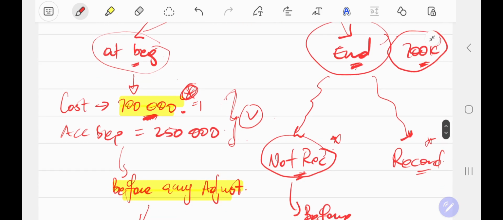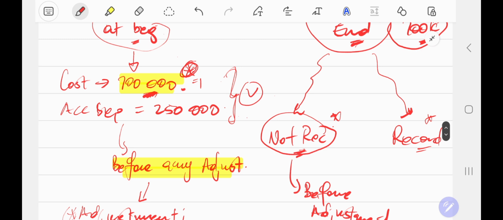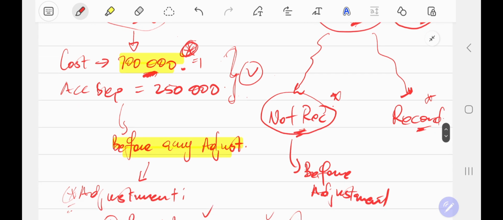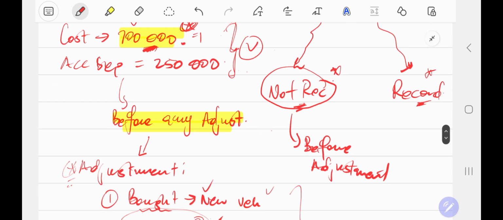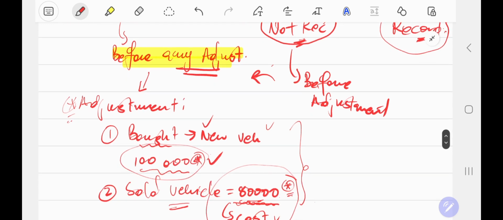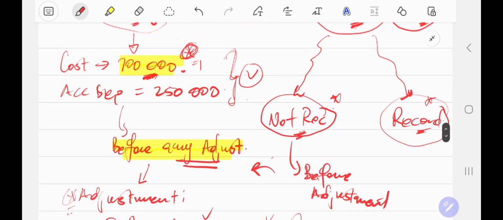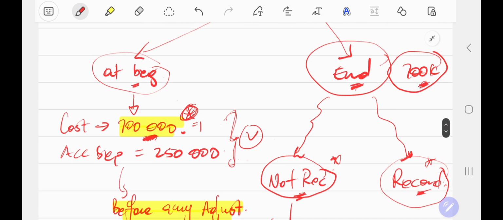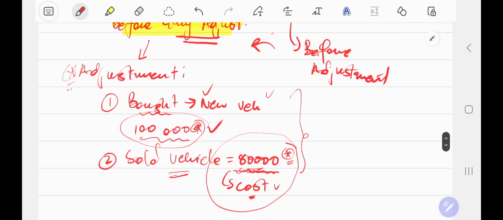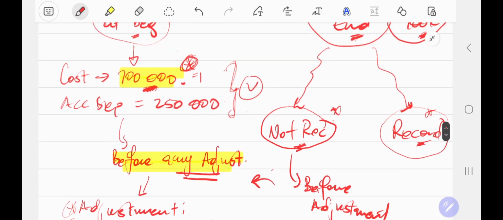If you are given the transactions at the end, you need to check whether the amount has been recorded or not. If it's not recorded, you do it like this one. It means that the balance given on the trial balance is before the adjustments. But if they say the transactions have been recorded, it means that the 100,000 has already been included in the amount given in the trial balance, and the 80,000 has already been subtracted.